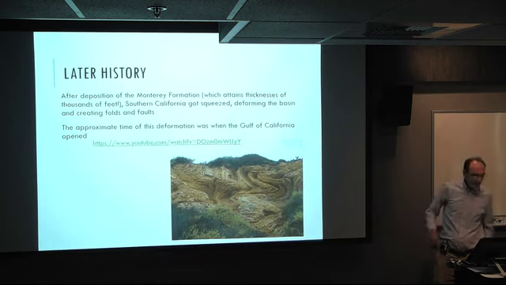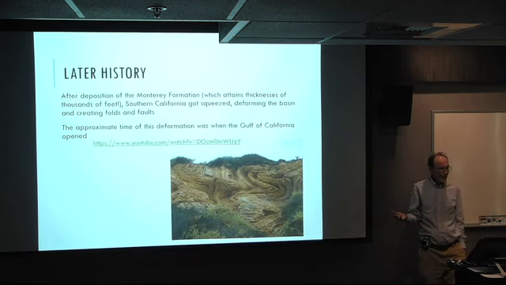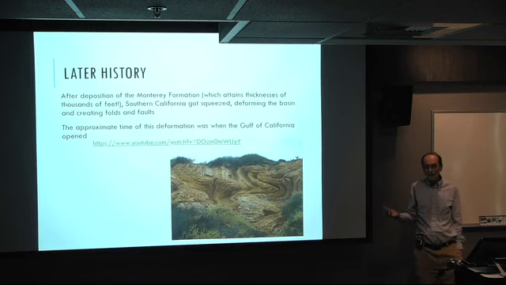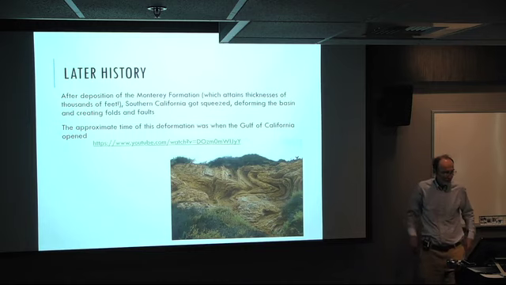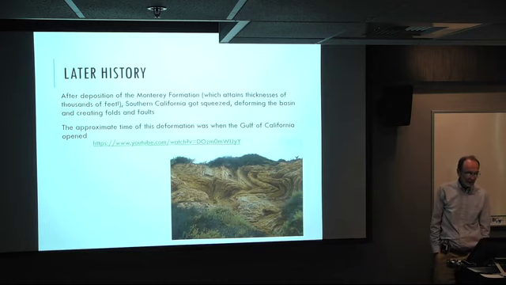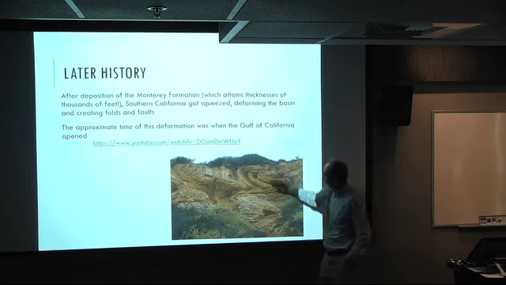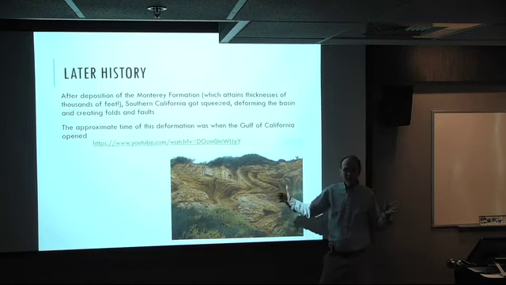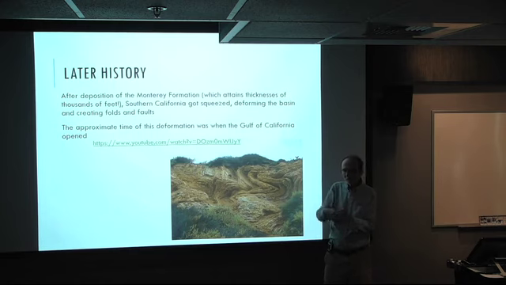Okay, now, sometime after deposition of the Monterey Formation, which attains thicknesses of thousands of feet, especially in the LA Basin because it's a big hole that needs to be filled, Southern California got squeezed and deformed. So these folded rocks here are from this period of shortening that occurred after the rotation of the Santa Barbara block.